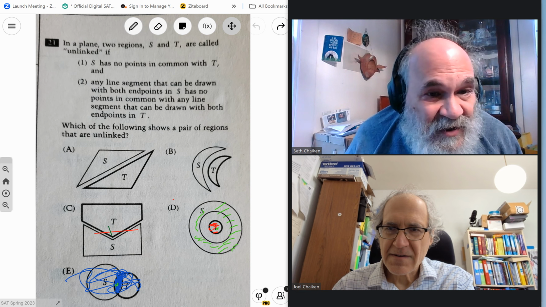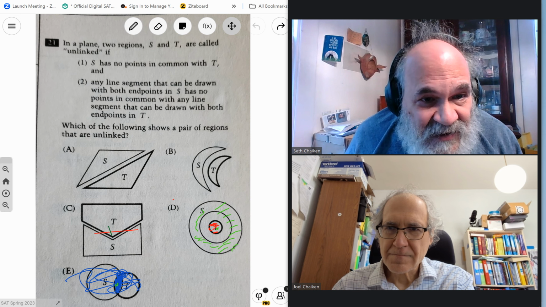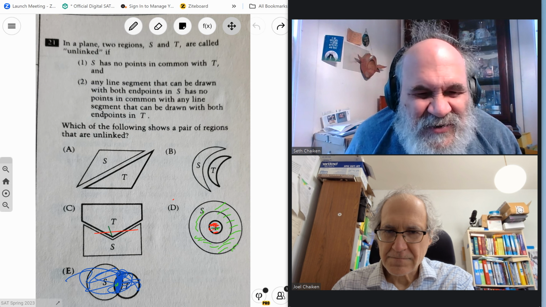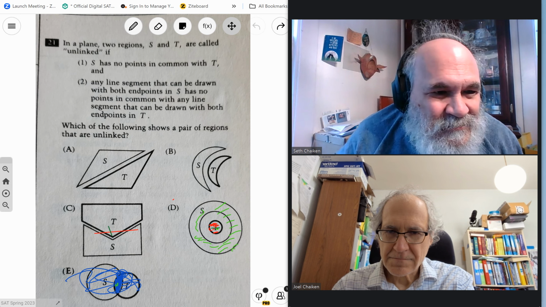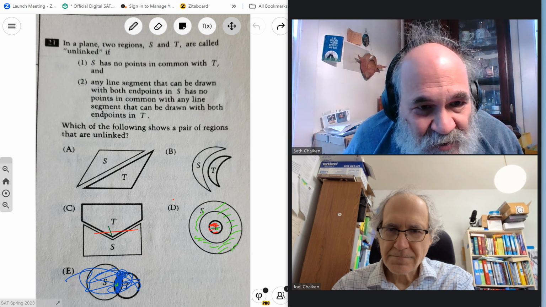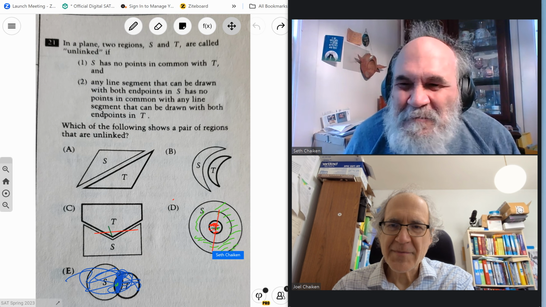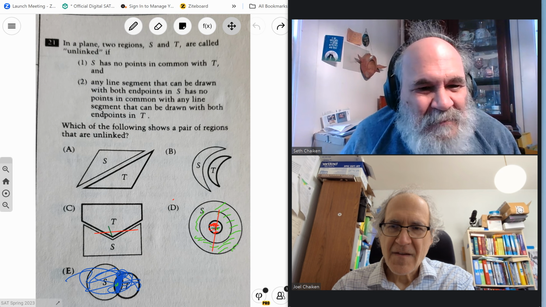Similarly, here is a line segment, both of whose points are in T. And here is a line segment, both of whose points are in S. And they have a point in common. Now look at this one.